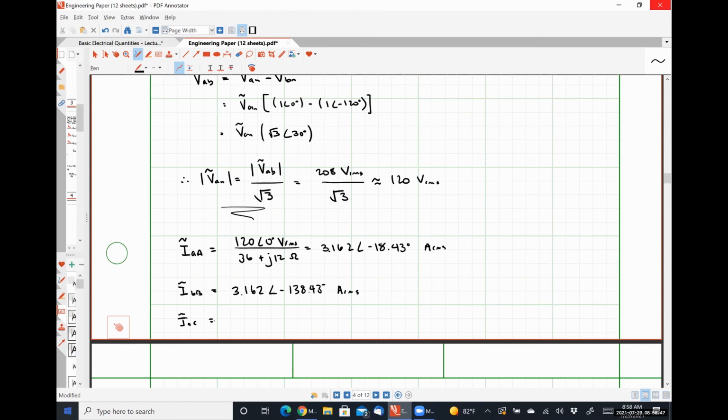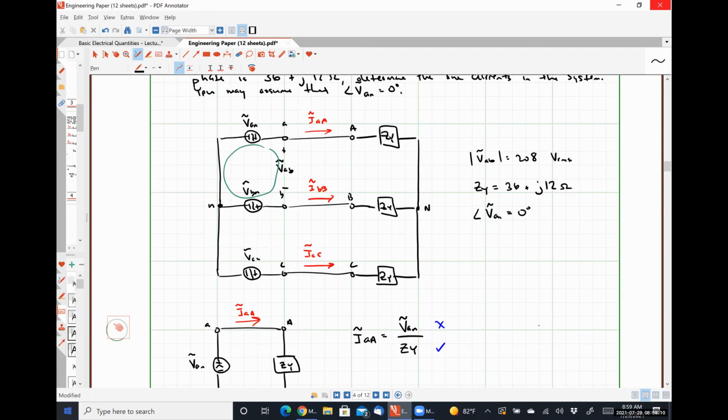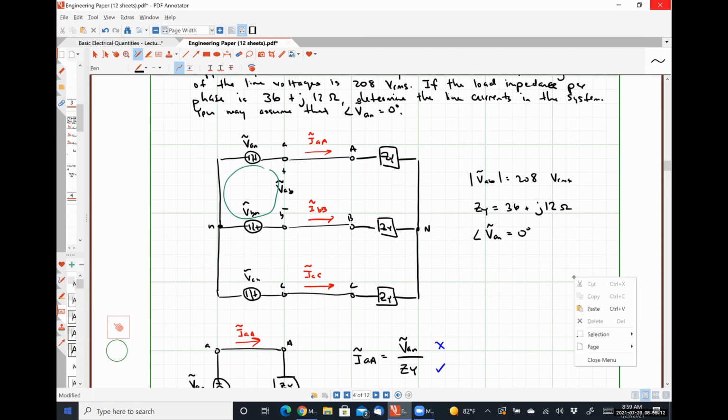ICC would be that same thing, 3.162, but we would subtract 120 degrees from that, giving us negative 258.43 degrees amps RMS. So we've got all three of our line currents, easy peasy. Now that we know those line currents, I would argue that we could easily figure out, I'm not going to bother doing this because it's trivial at this point.